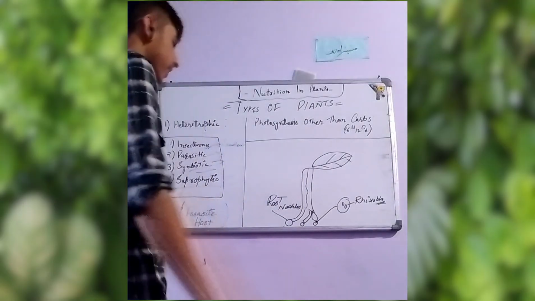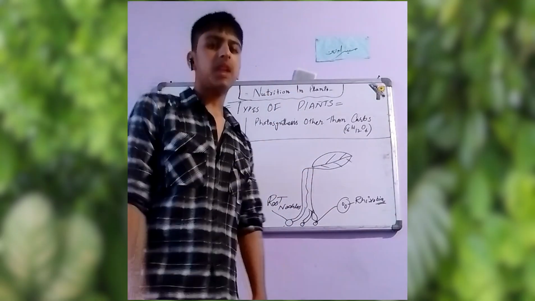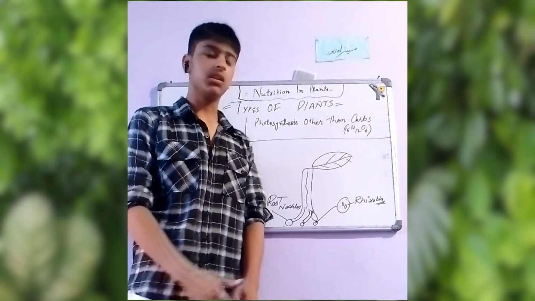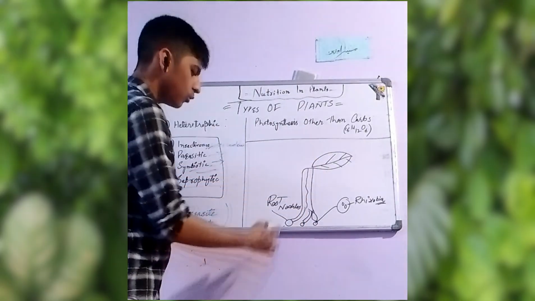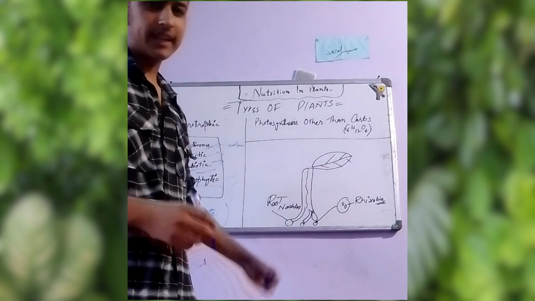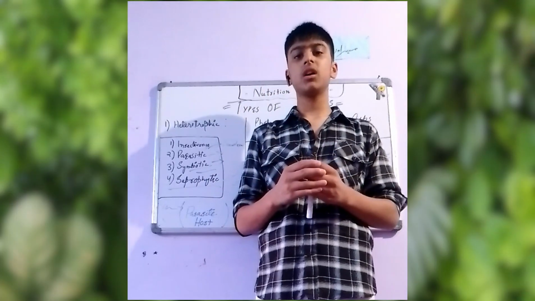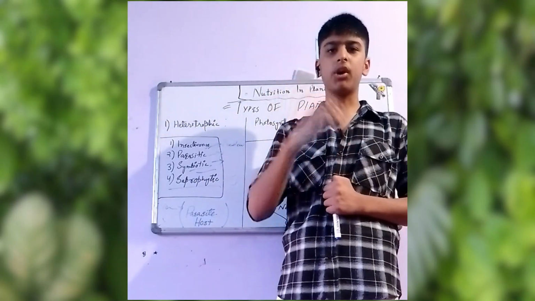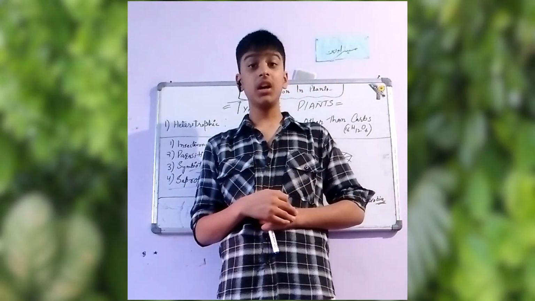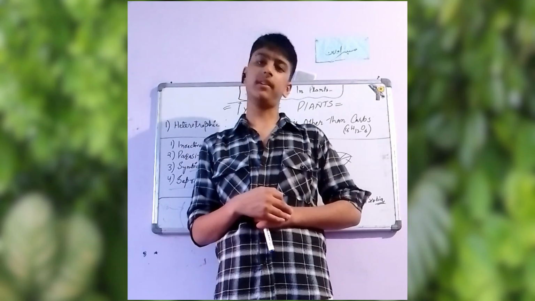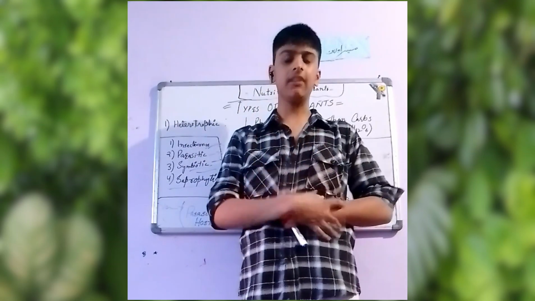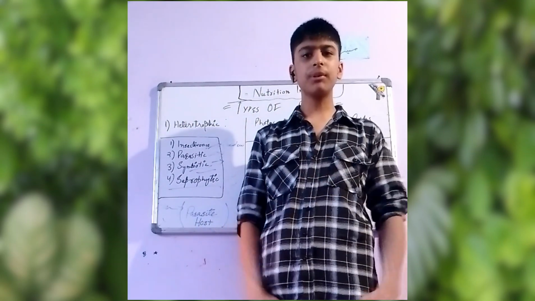How? When there's a pea plant, for example, this pea plant has root nodules. For the production of proteins, it is very important to have nitrogen. So how does a plant obtain nitrogen?